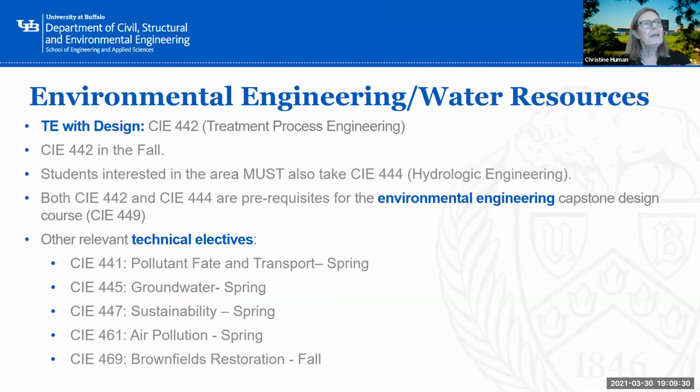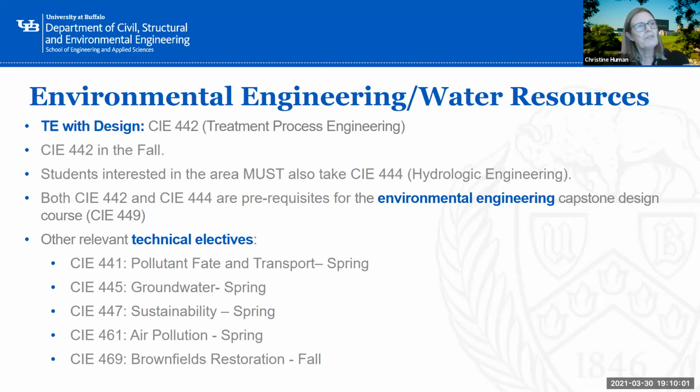So they talked a little bit about environmental engineering and water resources. You would take 442 as your TE with design, remembering that you also need to take CIE 444, hydrologic engineering. Those two classes would provide the prerequisites that you need for the environmental capstone, CIE 449. And there's plenty of other technical electives you could be interested in. 441, which is pollutant fate and transport.